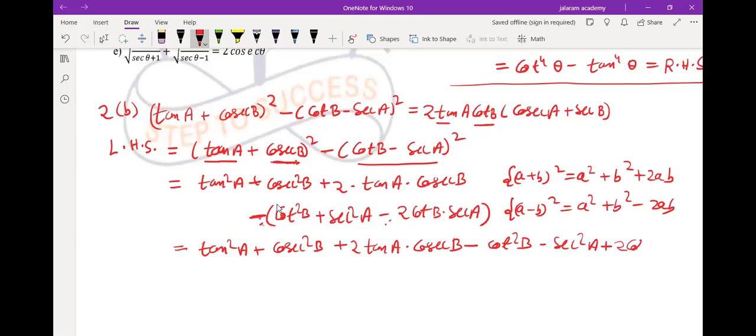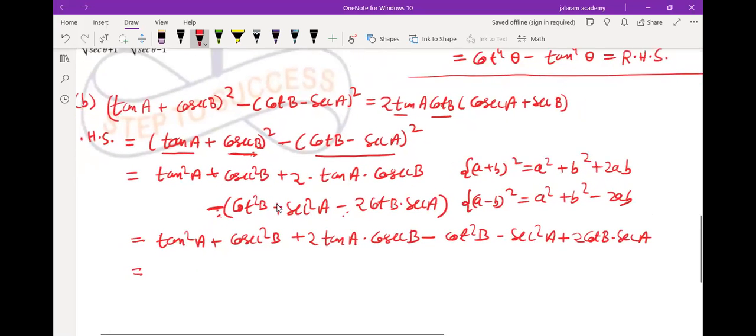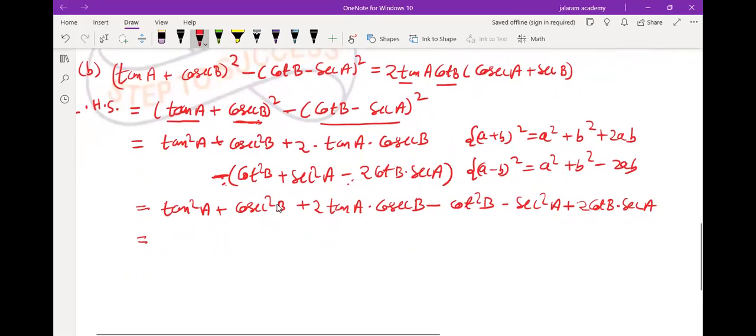plus 2 cot B into sec A equals to. Now we know that there is a relationship between tan square A and sec square A, and it is tan square A equals sec square A minus 1, or we can say sec square A equals 1 plus tan square A, which is the original relation.